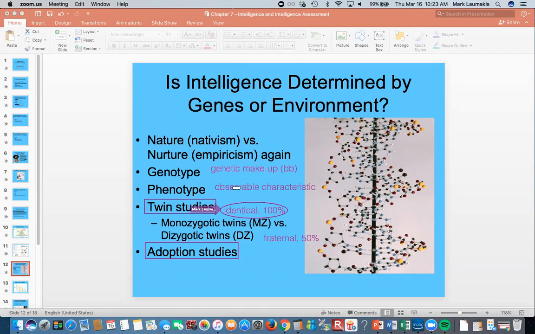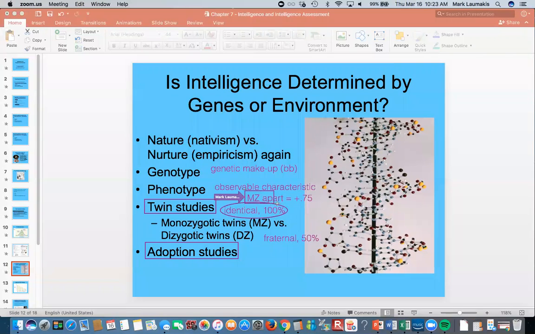What I'm going to do is basically raise these folks as MZ twins who are being raised apart. I'm going to tell you that the correlation coefficient for MZ twins who are raised apart for their IQ scores is positive 0.75, okay? It's not important that you memorize the number.